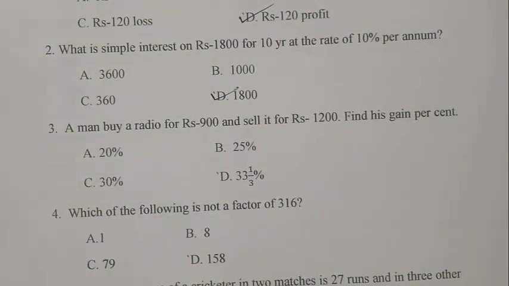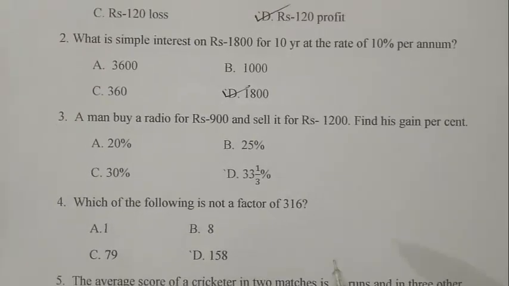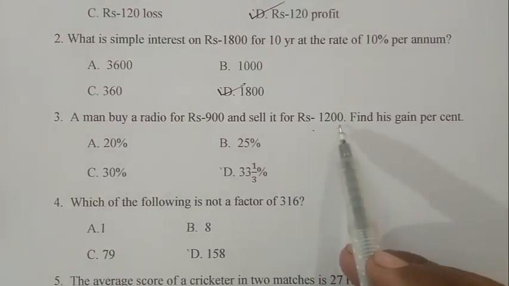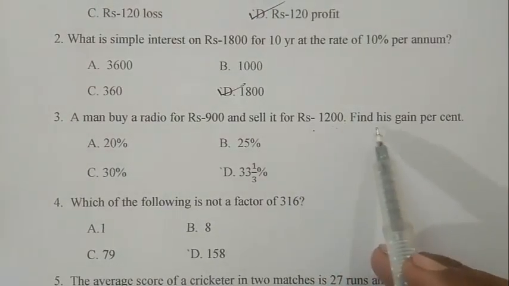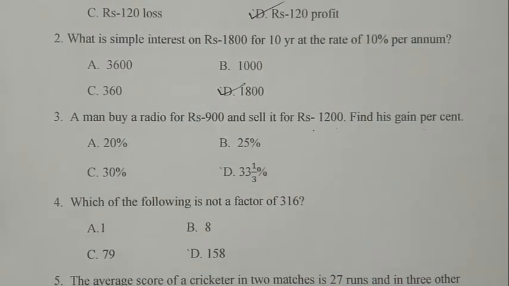Question number 3. A man buys a radio for rupees 900 and sells it for rupees 1200. Find his gain percentage.